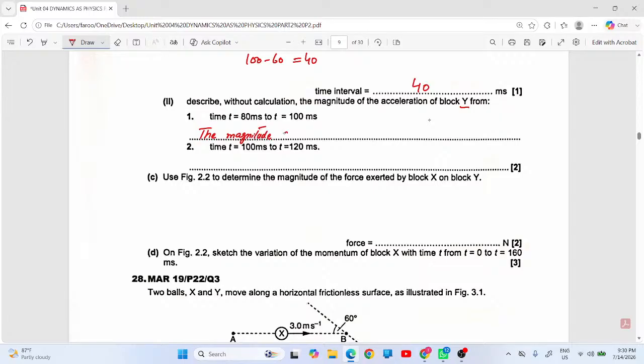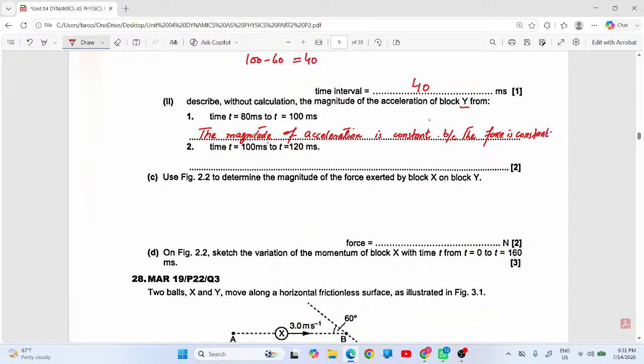The magnitude of acceleration is constant because the force is constant.